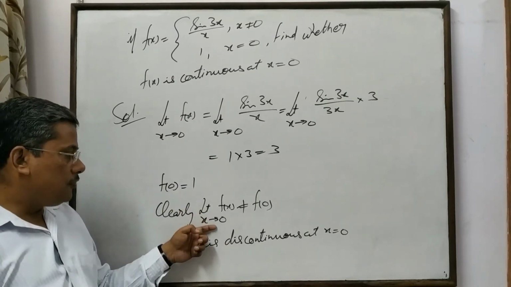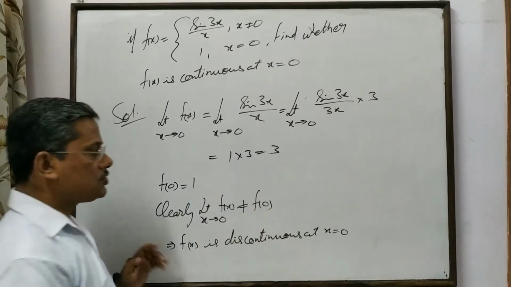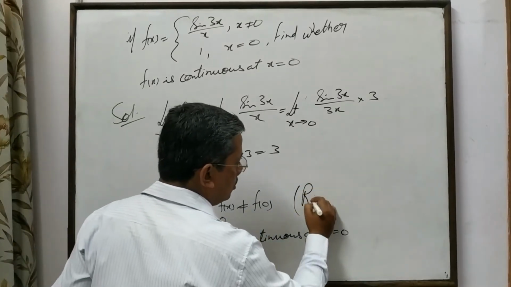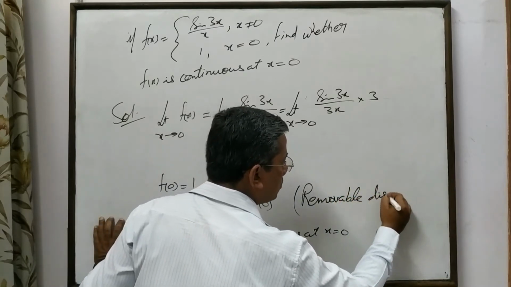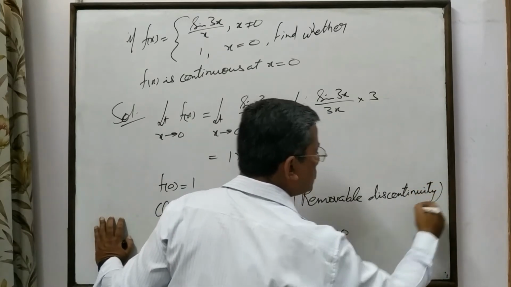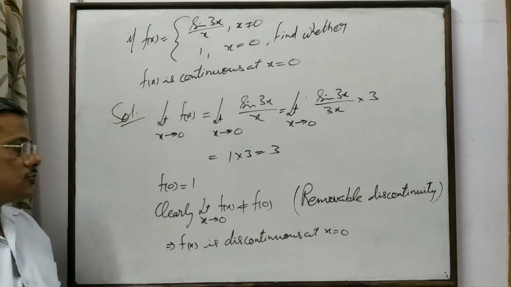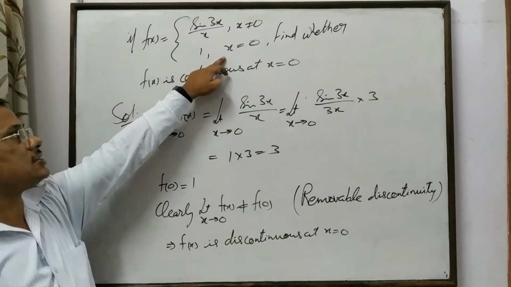Also, if the limit exists but it is not equal to the value of the function, then it is called removable discontinuity. This type of discontinuity can be removed by redefining the value of function at x is equal to 0.